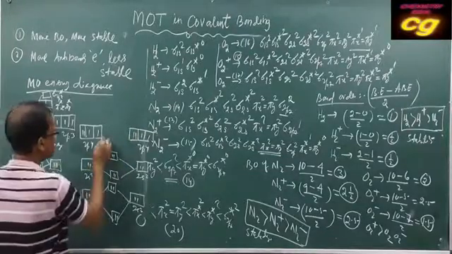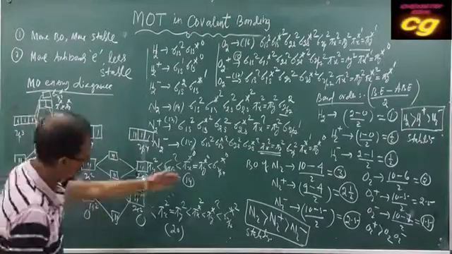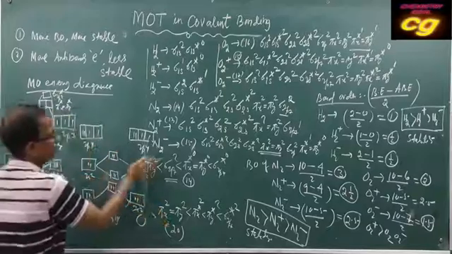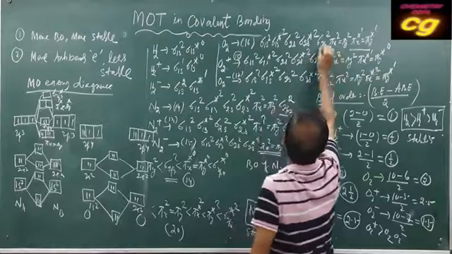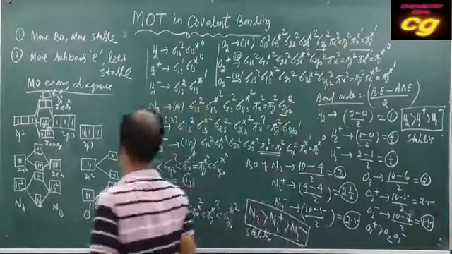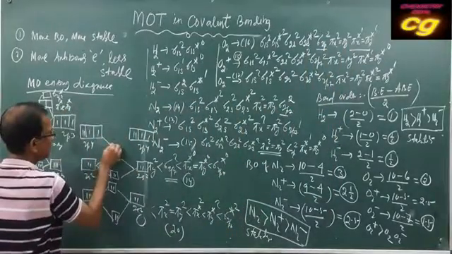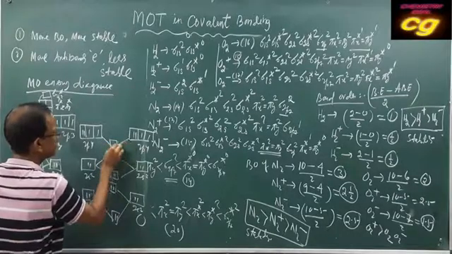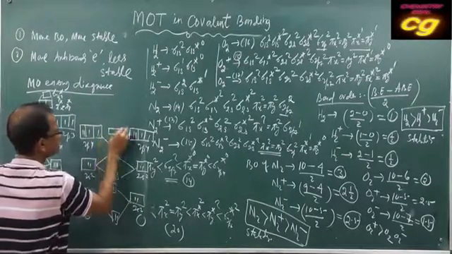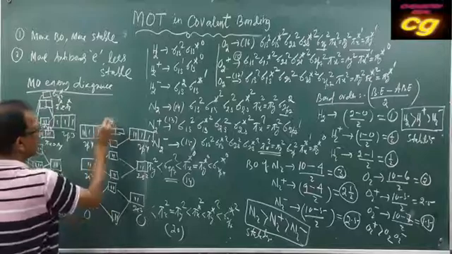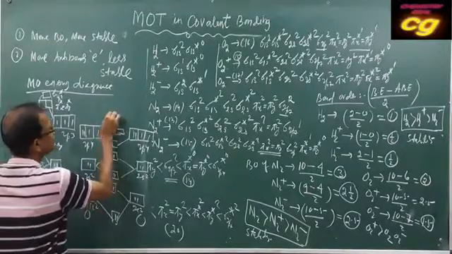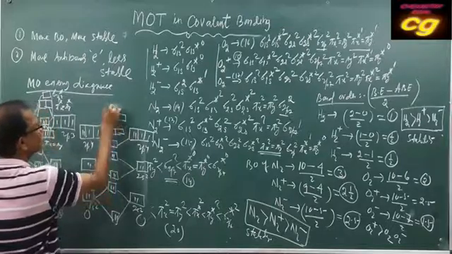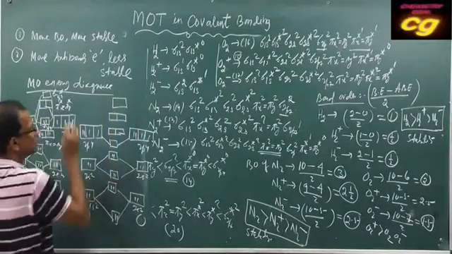So as per the oxygen, which is coming first? Sigma. You see for oxygen, first sigma, then pi bond. So sigma, then pi, then pi, sigma, pi, then pi star, then sigma.